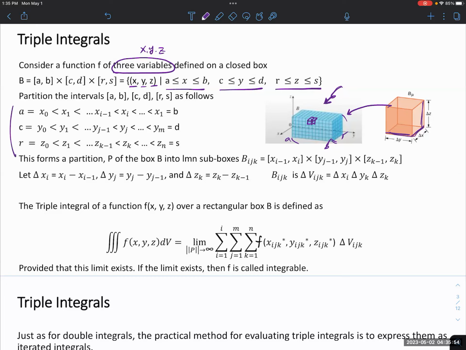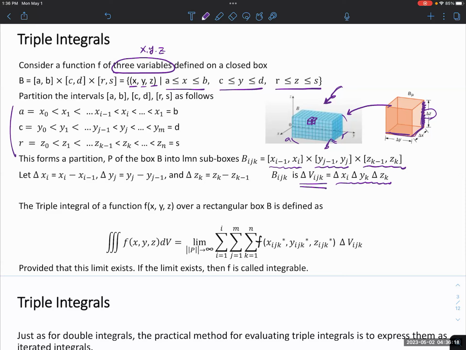If we have this condition, we need to find the partition, the length of each partition of x, y, z. Let's say you find the partition for x, and the partition for y and z. Then if you multiply all three, that's the volume.